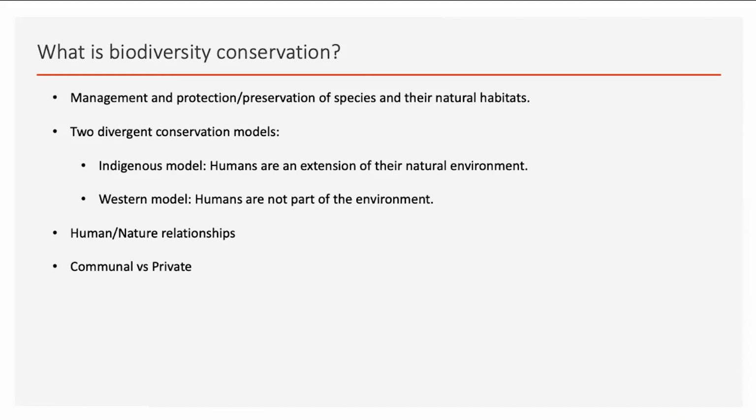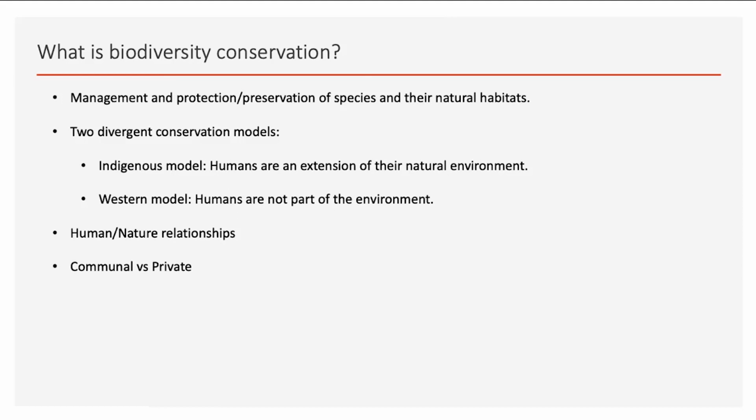The indigenous model sees humans as an extension of their natural environment. So things like protected areas are very foreign to most indigenous models. And if there are protected areas, they are what we call social or cultural landscapes, meaning that cultural values always give primacy to the protection of those spaces.